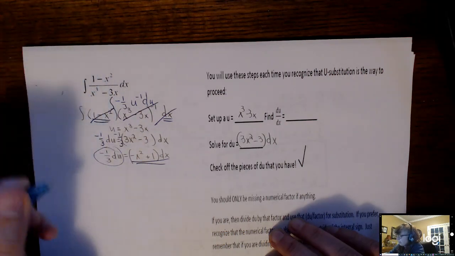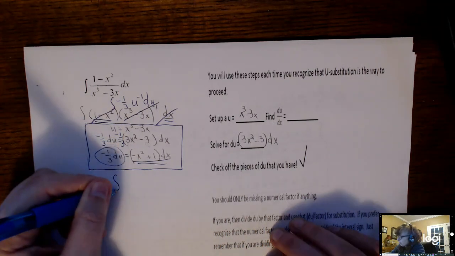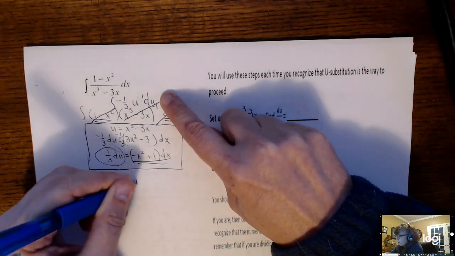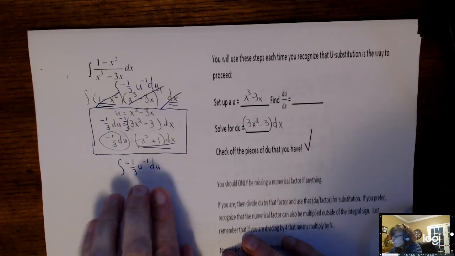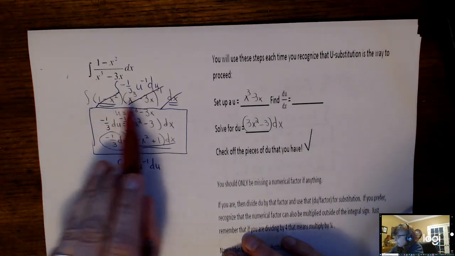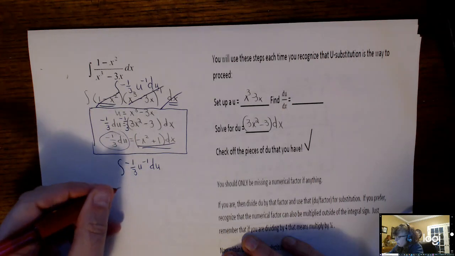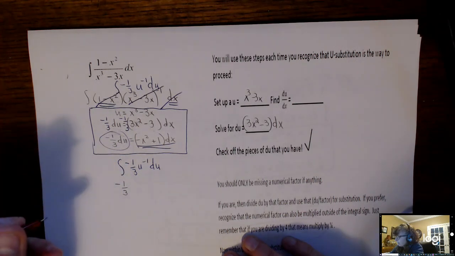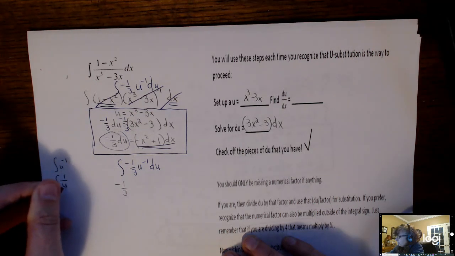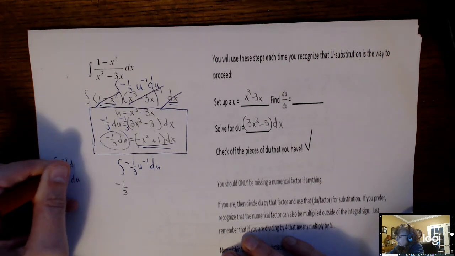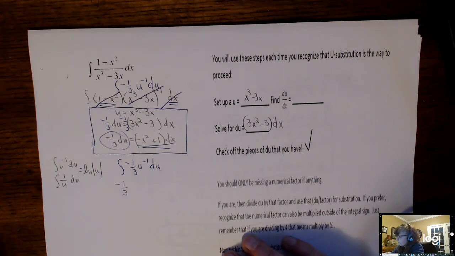And we still haven't taken the integral. So remember, all of this was to get this new integral, the integral of negative 1/3 u to the negative 1 du. The whole reason I did this is so now I can take this antiderivative without all of this stuff. So the antiderivative of negative 1/3 u to the negative 1 is negative 1/3, constant comes down, and then remember the integral of u to the negative 1, or 1 over u, is natural log of absolute value of u.